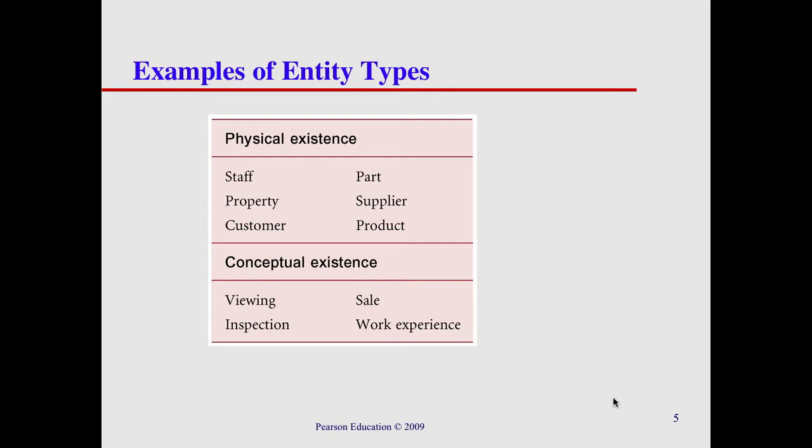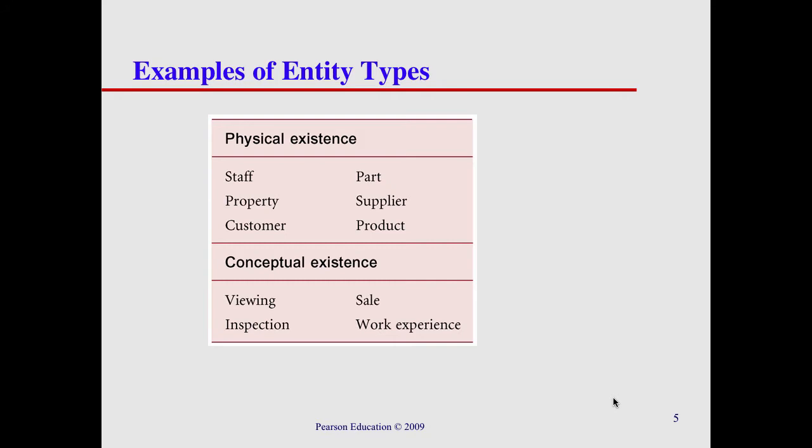Now I know that we translate some of these conceptual things into physical documents. The way that we finalize a sale is by signing a contract, and that typically occurs on a piece of paper, although these days it could be done virtually through an electronic document. Or a viewing, the customer might have written something on a piece of paper.